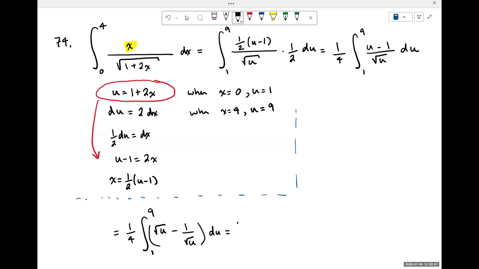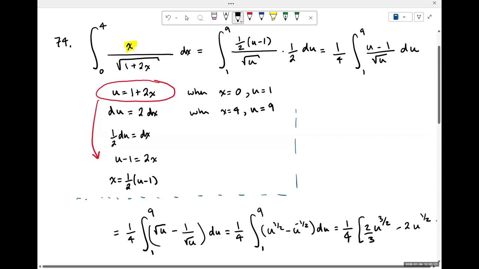Maybe it would have made more sense for me to write it as u to the 1/2 minus u to the negative 1/2. Integrate that, easy peasy, right? That gives 2/3 u to the 3/2 minus 2 u to the 1/2, evaluated from 1 to 9.